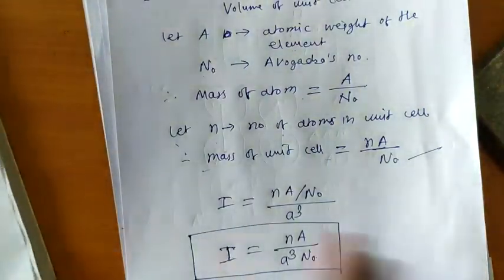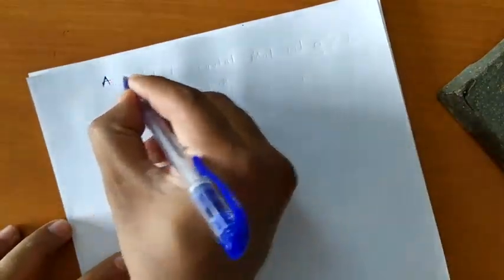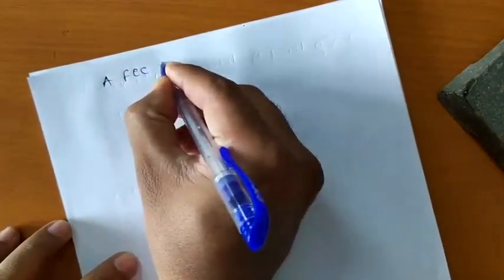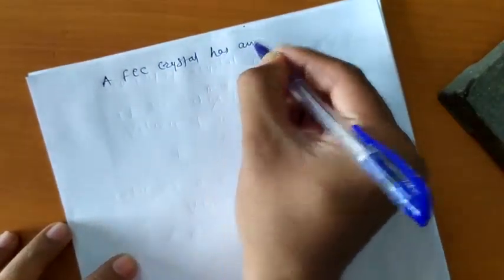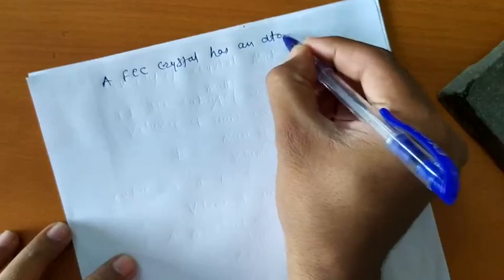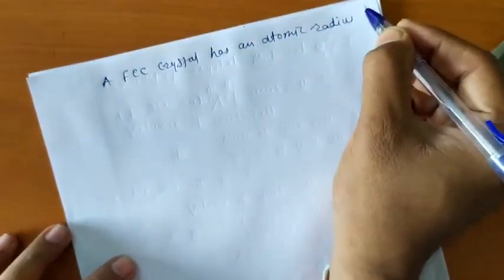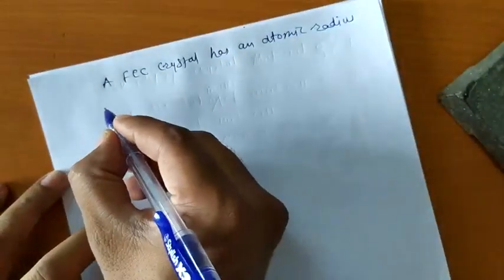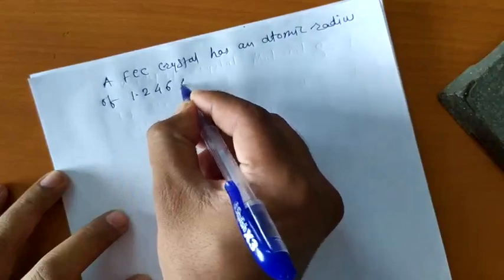Suppose we have a problem in a book which is like this. An FCC crystal has an atomic radius of 1.246 Armstrong unit.